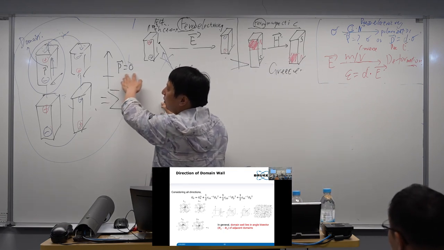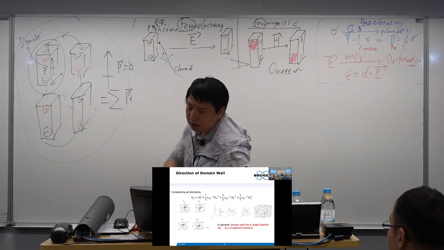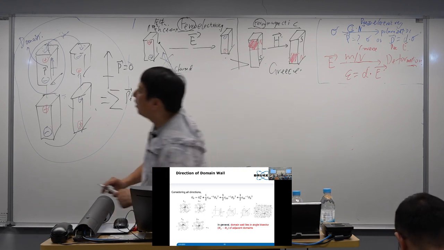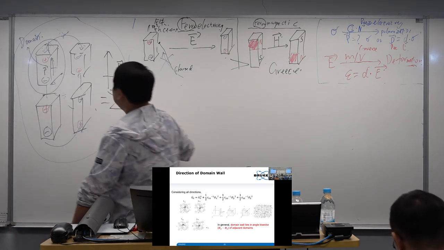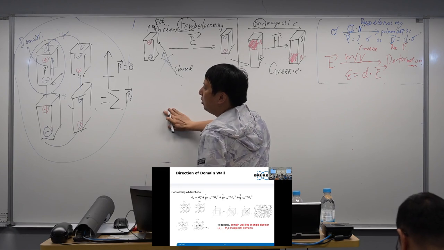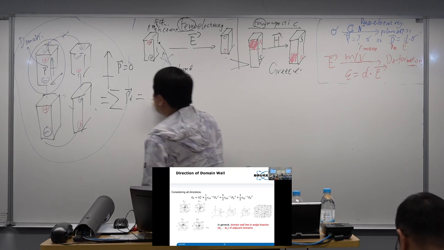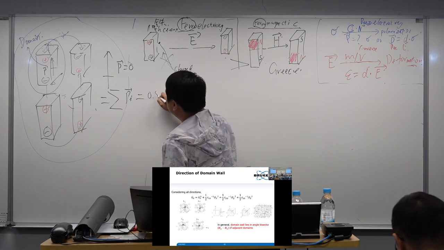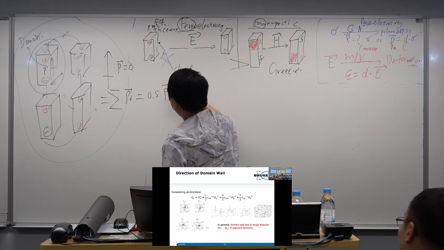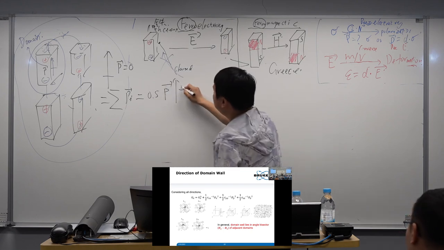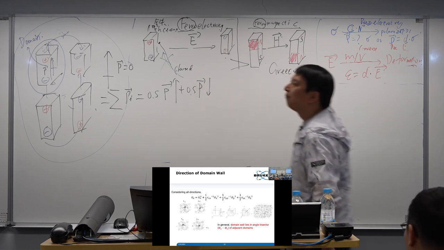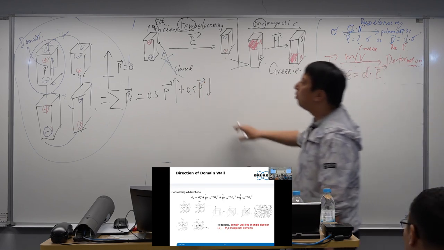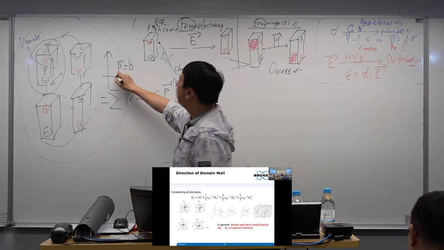And since the total is 0, and I imagine my structure has only up and down, so I can imagine it in this way. So I have 50% facing up, and 50% facing down. So the total polarization is 0.